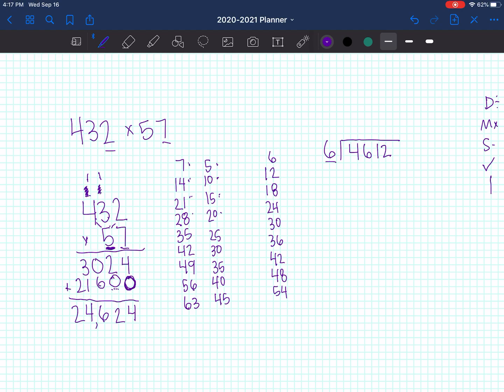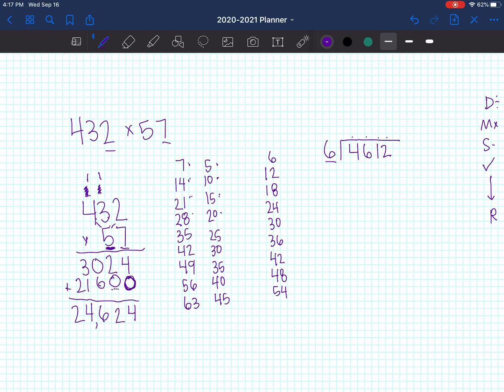Then we're going to bring down the next number and repeat till we get to the end. One thing I notice is that this dividend here, my problem I'm starting with, has 4 digits in it. So that means when I'm done, I should have something above each of these digits here. There should only be one thing per digit.